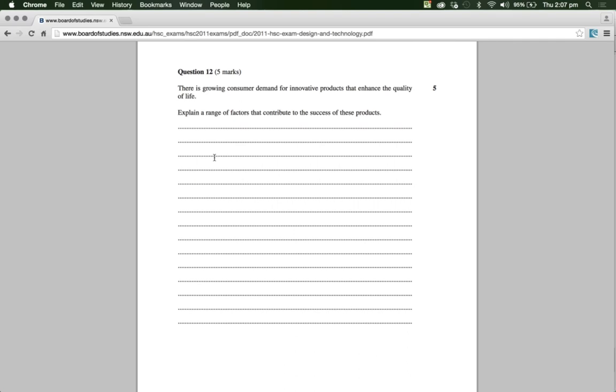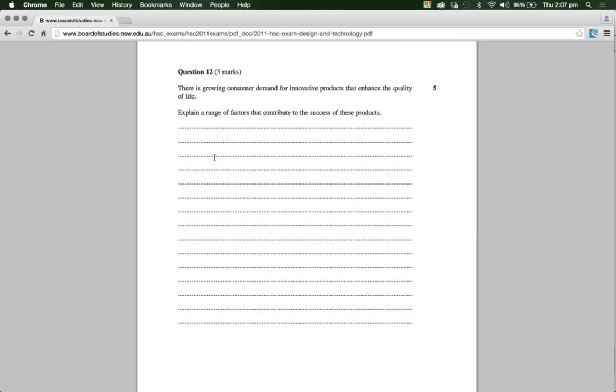So we've just come up with about 4 or 5 points for a 5-mark question. Factors is in plural, so we need 2 at least. So take 2 of them. We'll go function and need, and what else? Take trends.